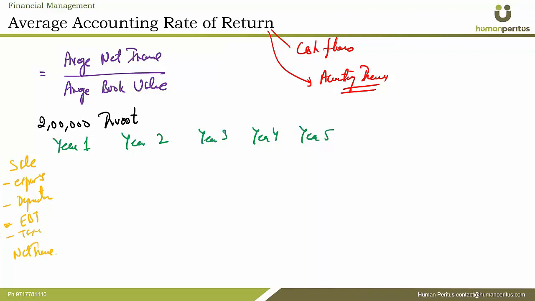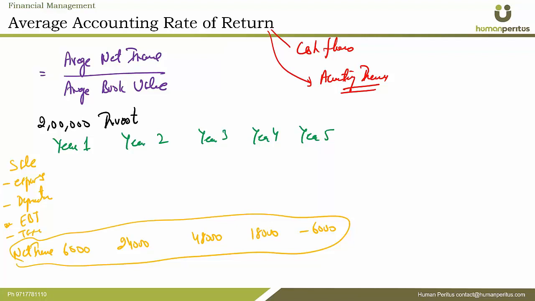So your net income may be, hypothetically, 6,000 rupees after year 1, 24,000 rupees after year 2, 48,000 after year 3, 18,000 after year 4, and minus 6,000 after year 5. This is your yearly net income, or EBIT you can say.